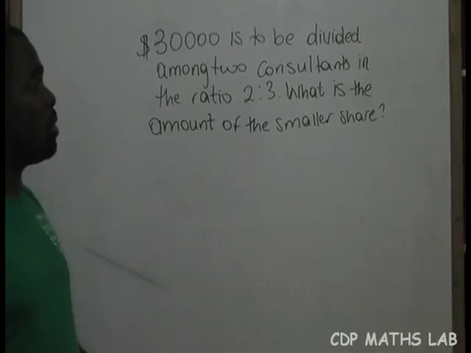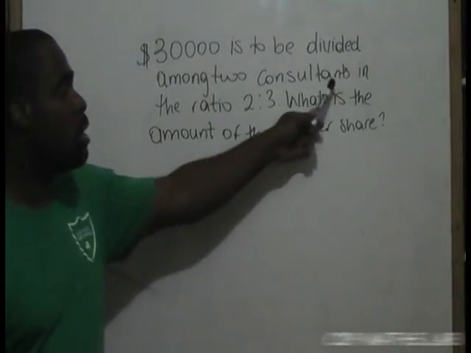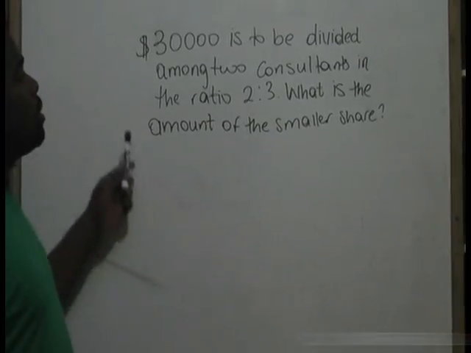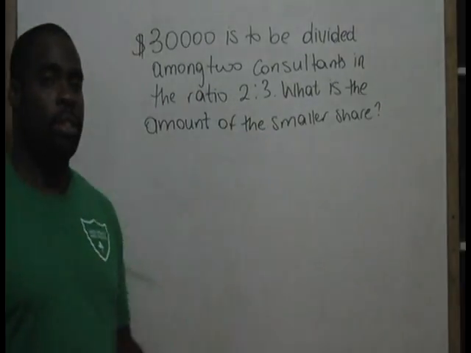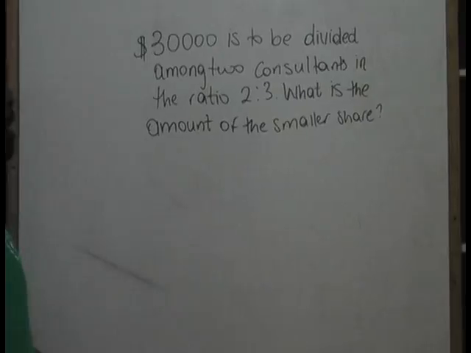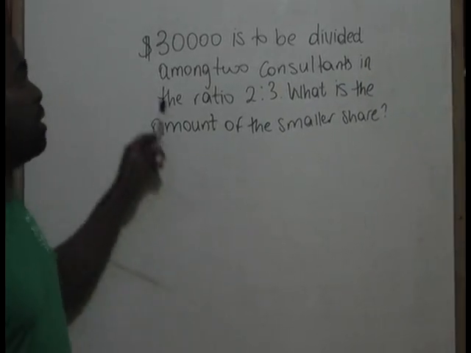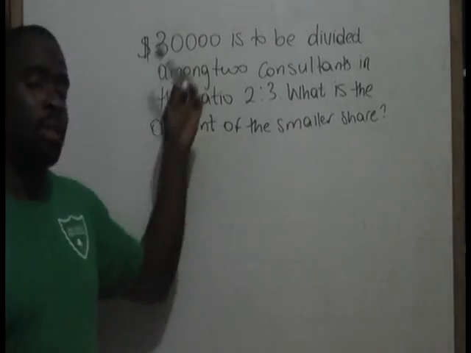Those two persons are our consultants. When you have a question like this, drawing pictures like what you saw earlier is a good idea to help you better understand the question.